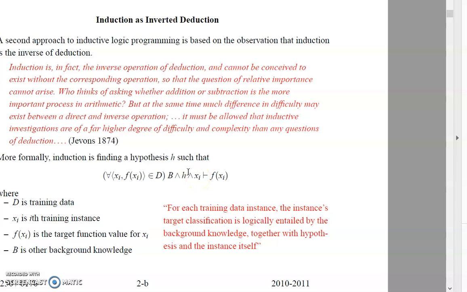So far we have seen that we are predicting the target concept f of xi from h and xi, but here we are going to predict f of xi from background information also. So there may be some pros and cons on using the background information for finding out the target concept. Then we will see the pros and cons.